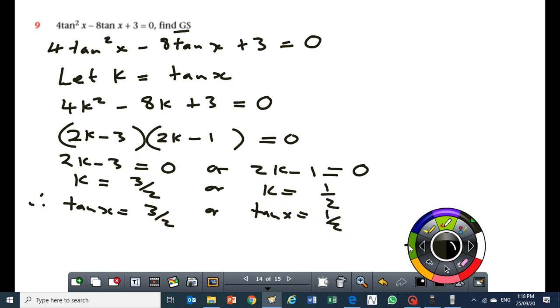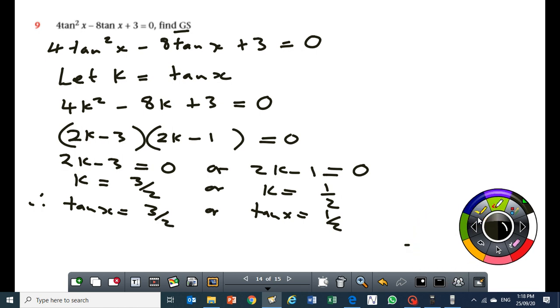Then I'm going to bring in the general solution now. So for this one, it becomes x equal to shift tan of 3 over 2 plus k times 180, where k is an element of z.